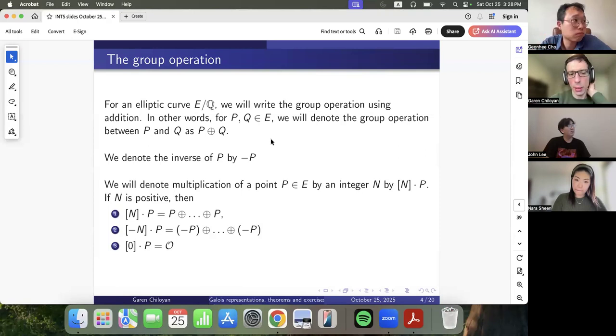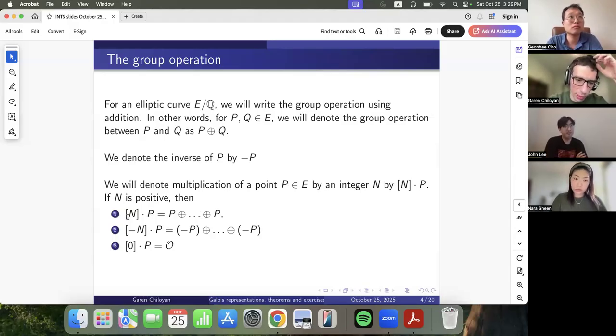And multiplication by an integer is important. If you have a point P on E and an integer n, and you want to add P to itself n different times, if n is positive, I'll say [n]P is the compact way to write P plus P plus P, n different times.